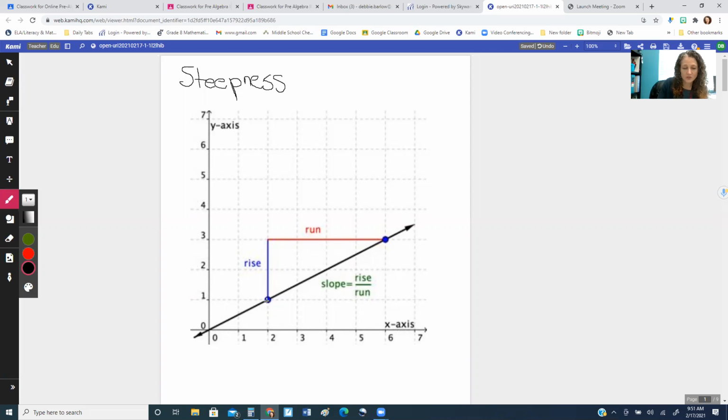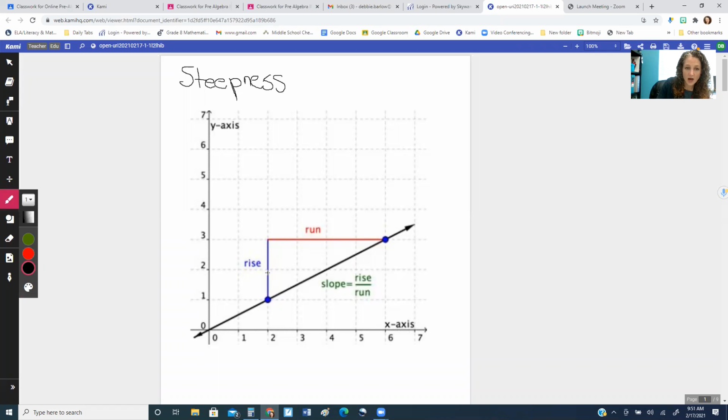Rise: if we have 2 points, right here we have this point, and we have this point over here, okay? What do we have to do to get from this point to this point? We could say, yeah, we just go up this line, but how much do we go up? We calculate that by the rise, which is how much up. Rise is uppy downy, and run is side to sidey, okay?